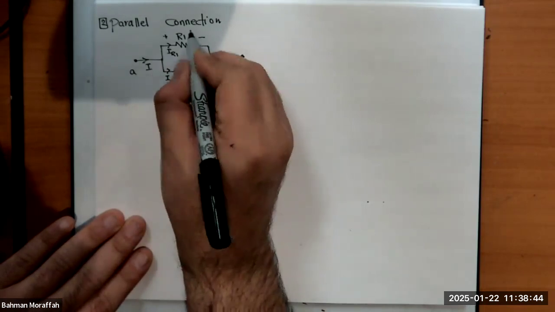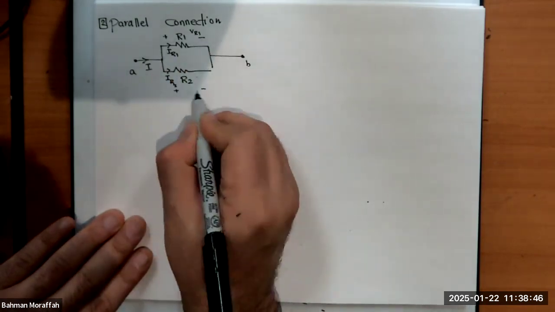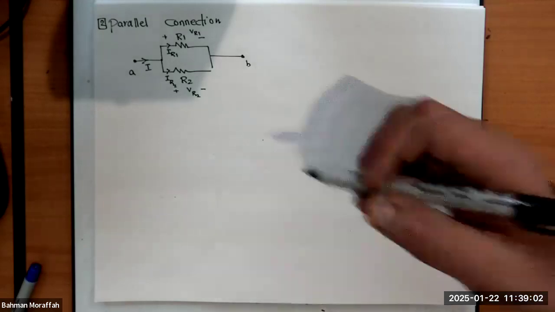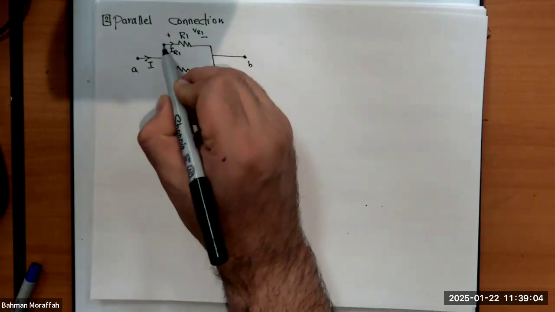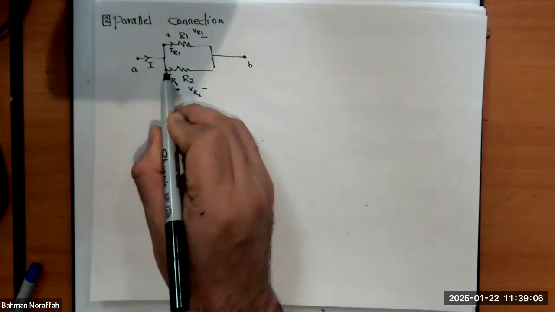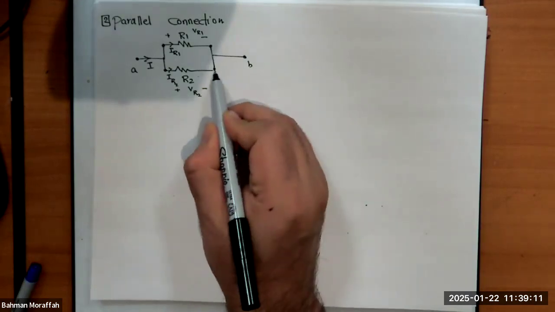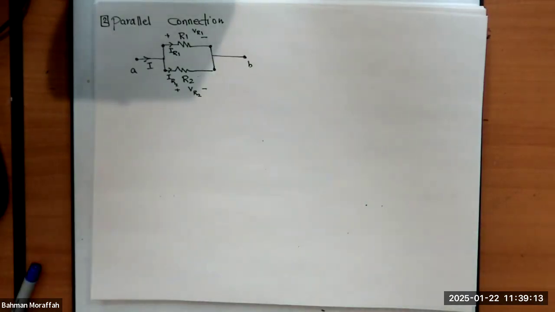Let's call voltage across this V of R1, voltage across this V of R2. We call these two resistors connected in parallel if they're sharing the same head and tail. If I look at this, this is the head of this one, this is the head of this one, so they have exactly the same head. If I look at the tail of this one, they're exactly the same.